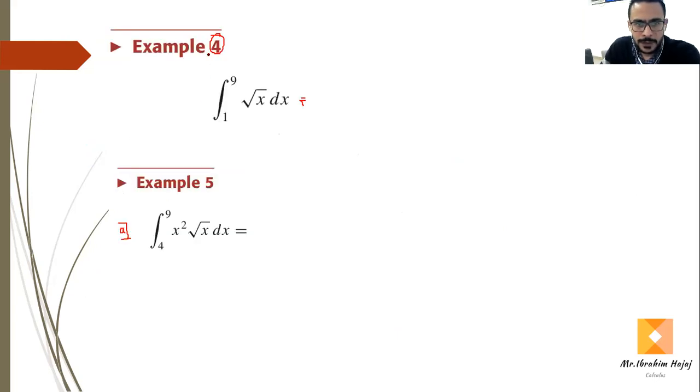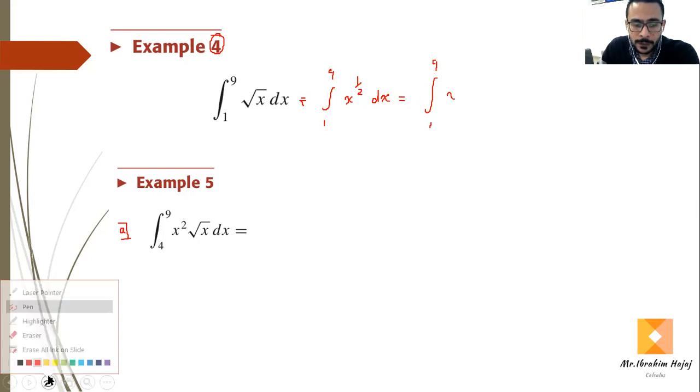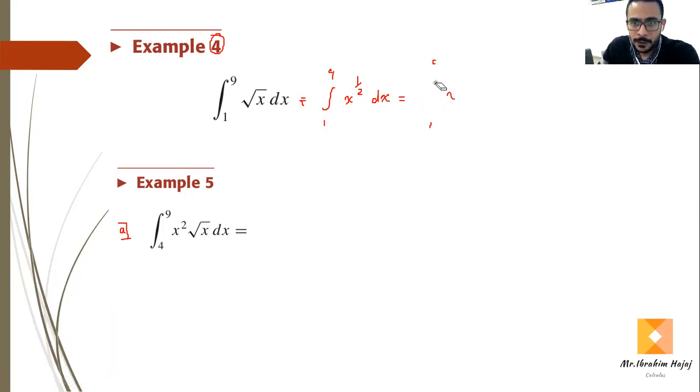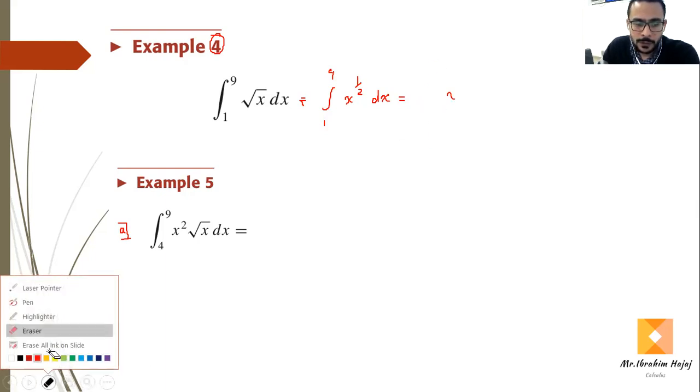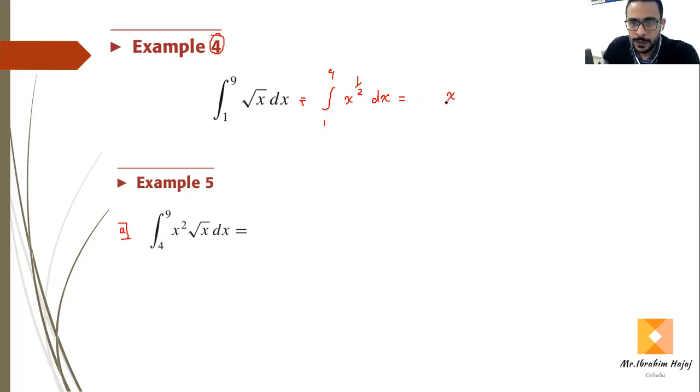The first example, example 4: find the definite integral from 1 to 9 of radical x. We know that radical x can be written as x to the power of 1/2 dx. Now it's the integral from 1 to 9. We add 1, no need to write this. It's x to the power of 3 over 2, since adding 1 to a half gives 3 over 2, over 3 over 2.